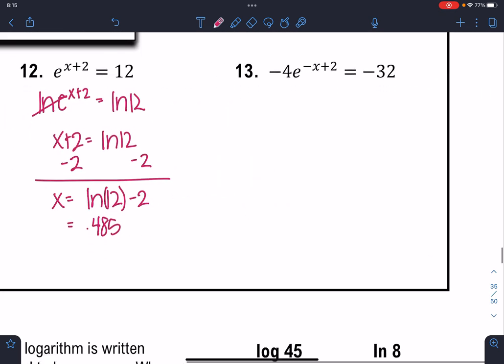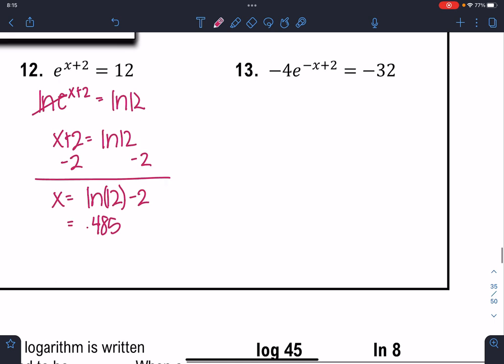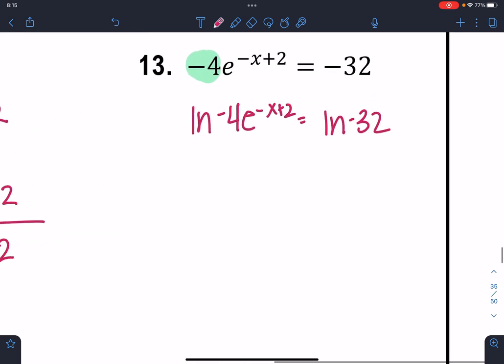Okay? And then the final one here. Here's something that I like about this problem too. Notice that we have a negative 4 in front. If I try to take the natural log of both sides, don't write this down, e to the negative x plus 2, and so on, we have a lot of things going wrong here.